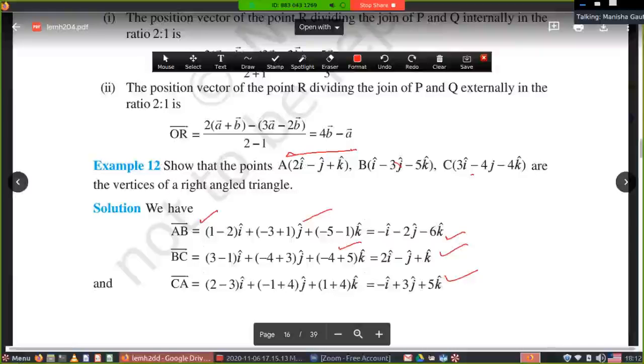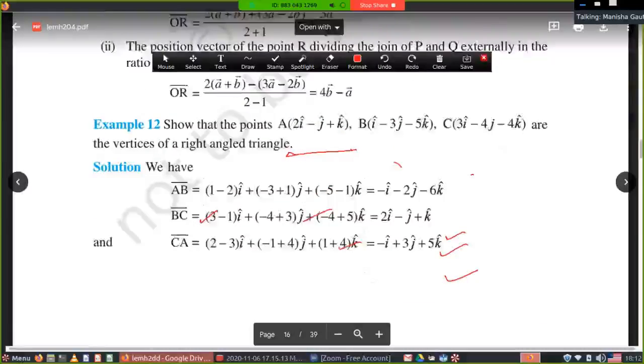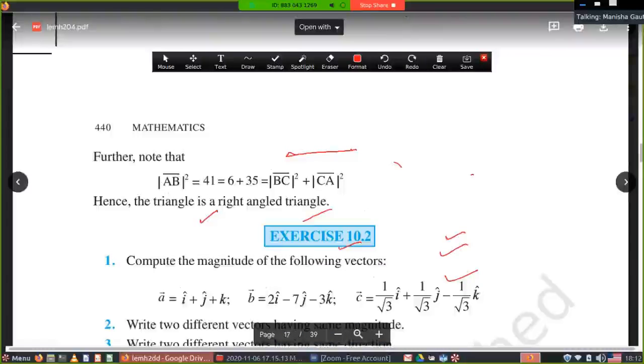Then get the magnitudes and apply Pythagoras. We got AB square equal to 41, and the magnitudes of the other two squared are 6 and 35. Add them, and you get the magnitude of AB square, which means it is a right angled triangle, because Pythagoras applies here: H square is equal to P square plus B square.